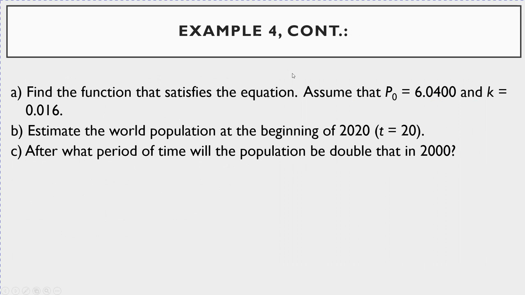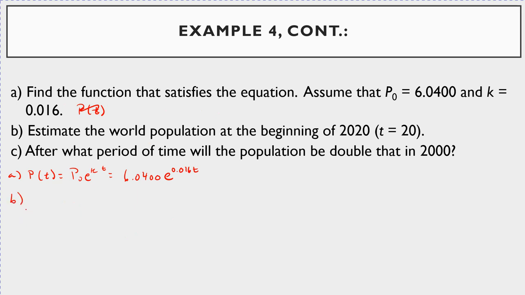All right, so A here. Actually, let me write it all down here. P of t we know is equal to, when you have this exponential growth rate, P sub 0 e to the kt. Well, they're giving you P sub 0 at 6.04. e, they're giving you k, 0.016 times t.